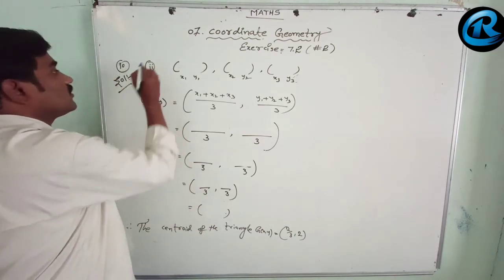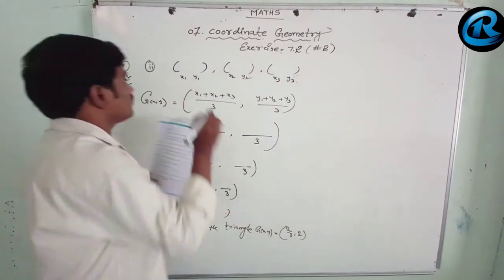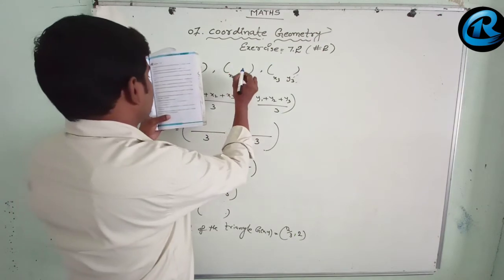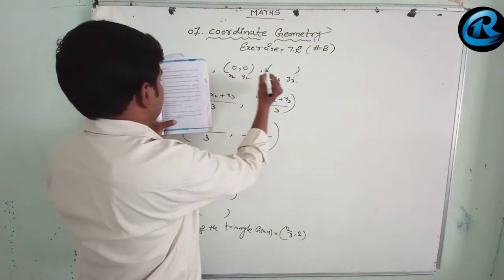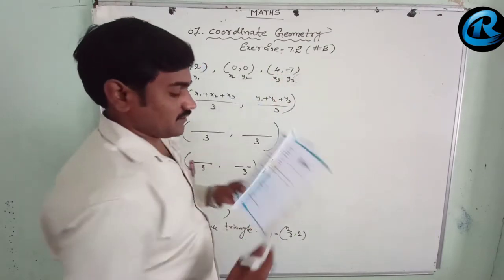Here what is question number 2? The points are (6, 2), (0, 0) and (4, -7).